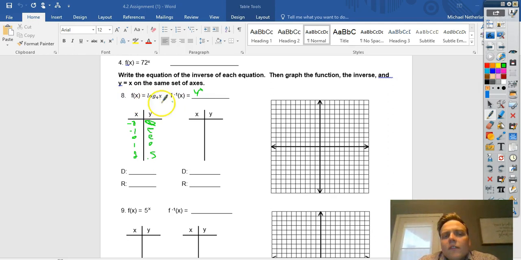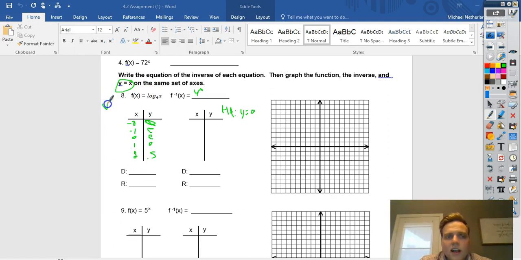If these two are inverses of each other, and we know the exponential has a horizontal asymptote at y equals 0, do y'all remember that? We just took a test, so I hope the answer is yes. The horizontal asymptote is y equals 0. Well, if inverses are really just reflections across the line y equals x, then if I reflected the horizontal asymptote across y equals x, what kind of asymptote am I going to get for the logarithmic function?